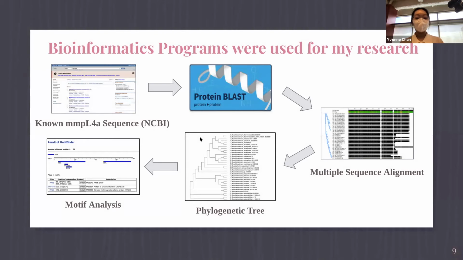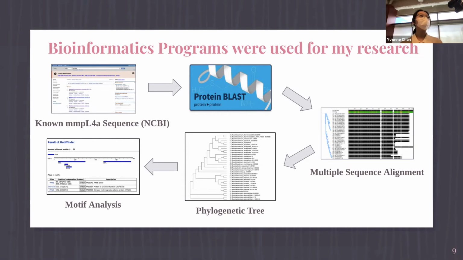In addition, I used a variety of bioinformatics programs for my research. Using the 4 downloaded MMPL4A sequences, I used Protein Blast, which is another tool in NCBI that helps us search similar sequences with those we insert. And therefore, I was able to find several other sequences that were assumed to be MMPL4A.